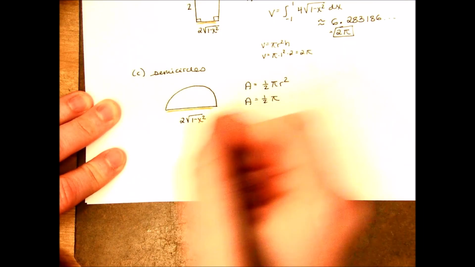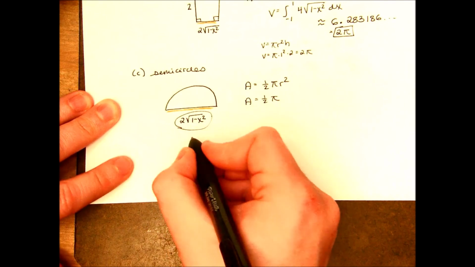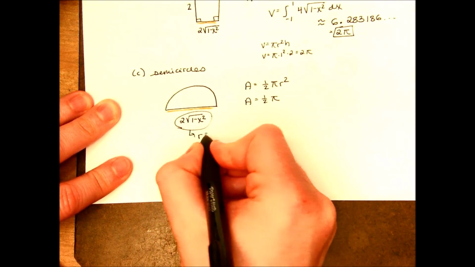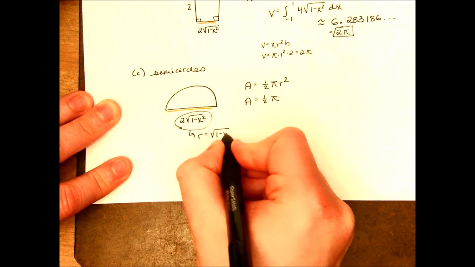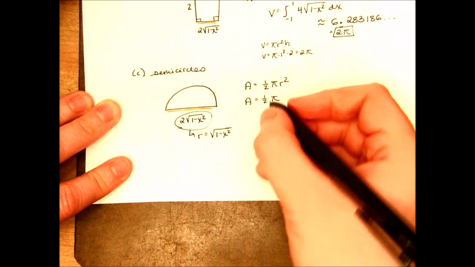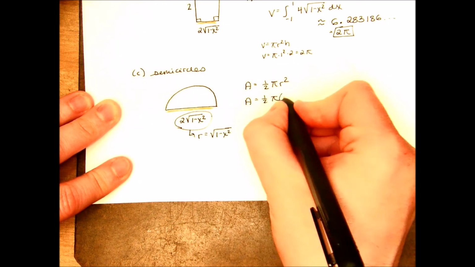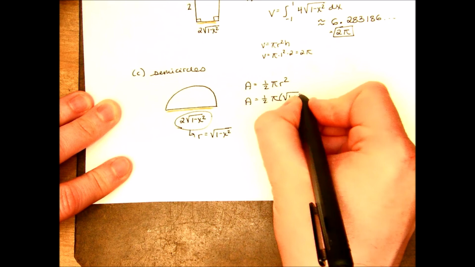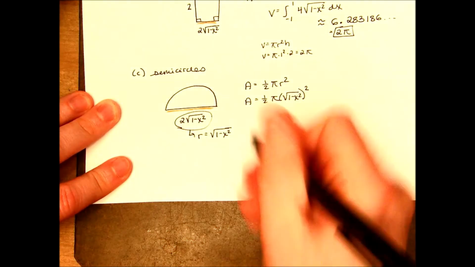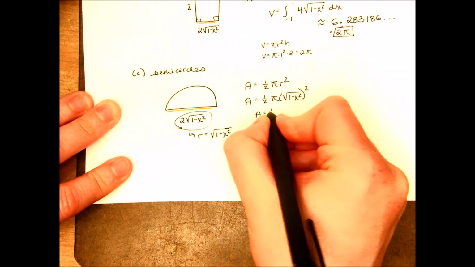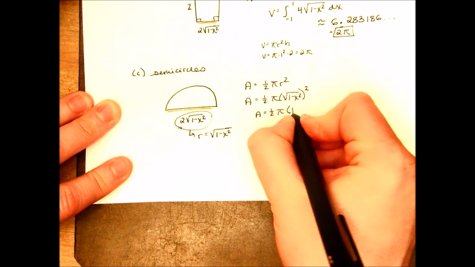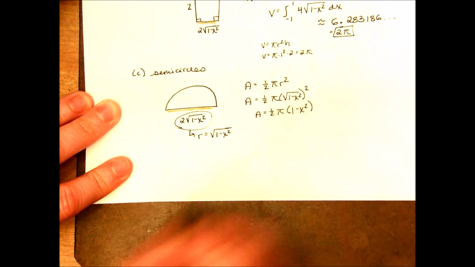This is not the radius, that's the diameter. So the radius has to be half of that, which in this case actually isn't too bad. Radius is just square root of 1 minus x squared. So I'm going to do square root of 1 minus x squared. I'm going to square that. I'm going to clean this up a little bit. 1/2 pi times 1 minus x squared.